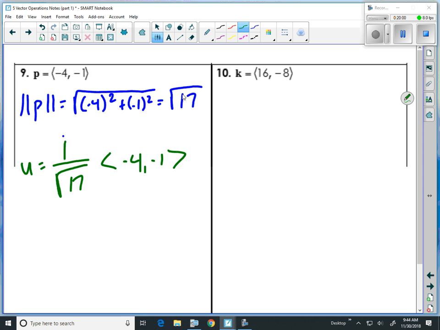I could show you the whole process of something called rationalizing. I'm not going to do that. I'm just going to show you the quick trick. If you have a radical in the denominator, it turns into this. You put the radical in the numerator, keep the number downstairs. You see what I did there? I took the radical, put it upstairs, but I kept the number.